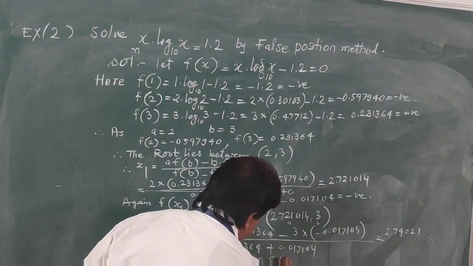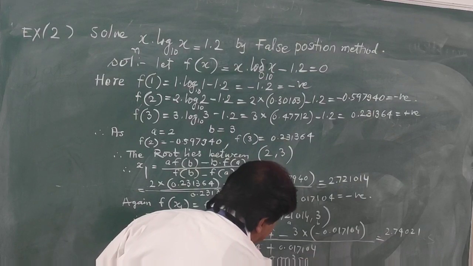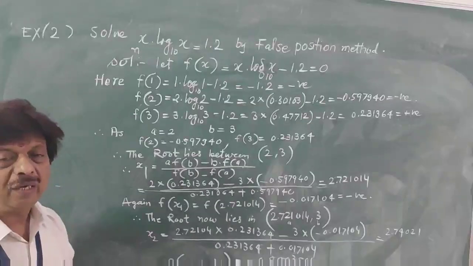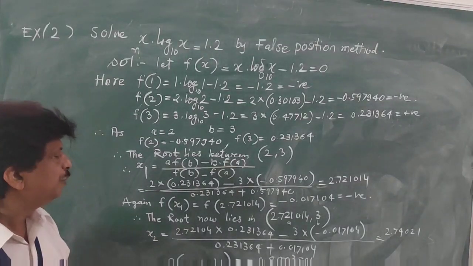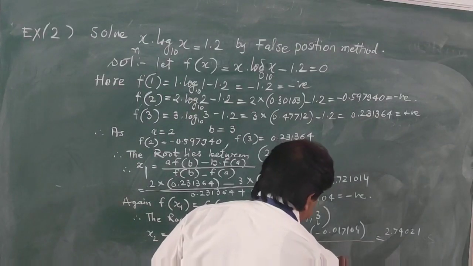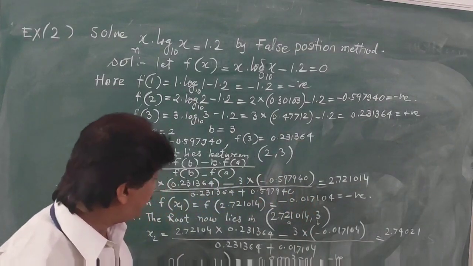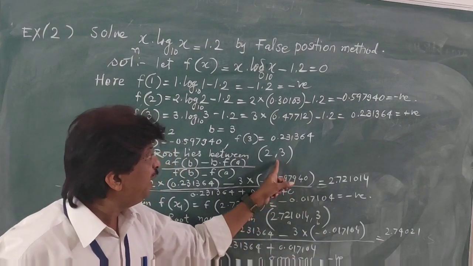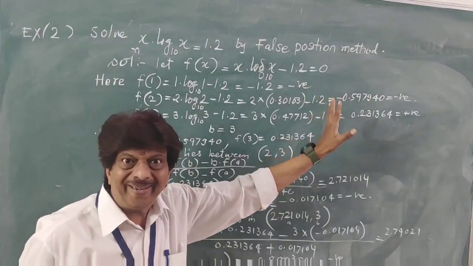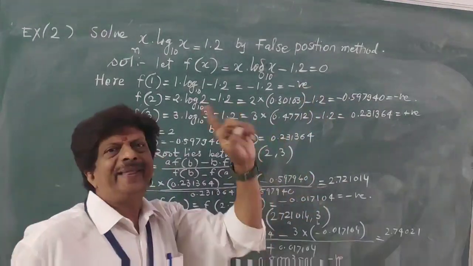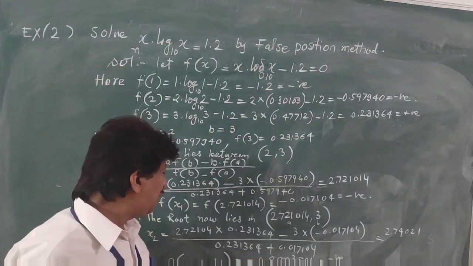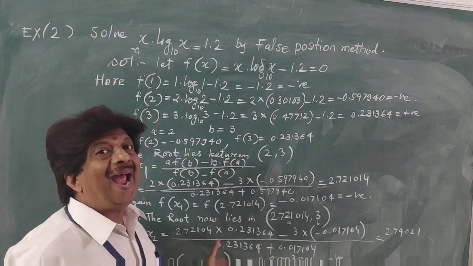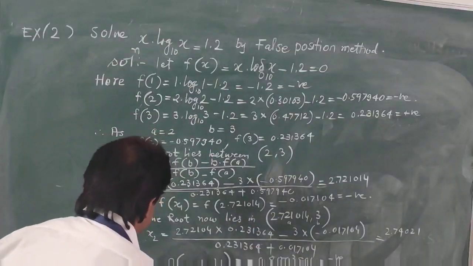Its f value is very near to 0 but negative. f of 3 is positive. What does it mean? It means that now the root lies between 2.74021 and 3.